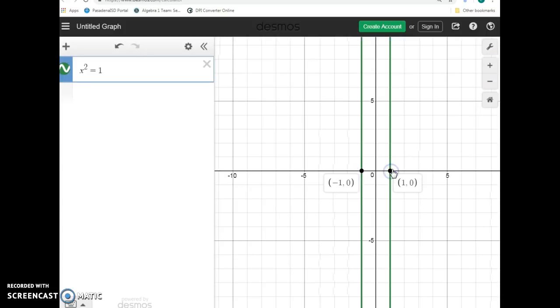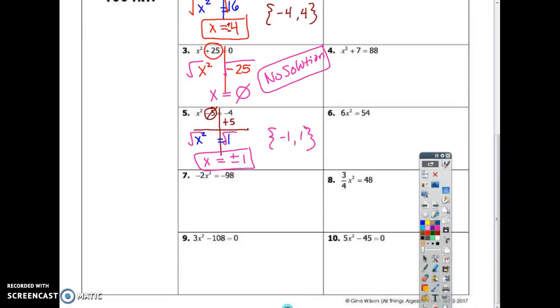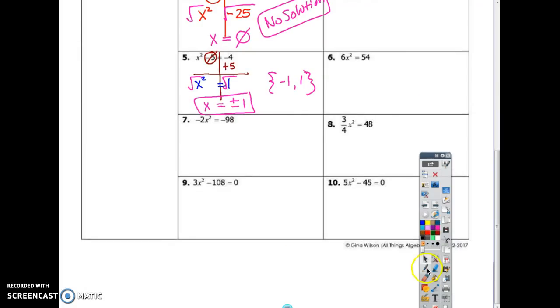Right here, the answers. Okay, number 7. Number 7, in order for me to get x squared by itself, I have to divide. Divide by negative 2 on both sides.